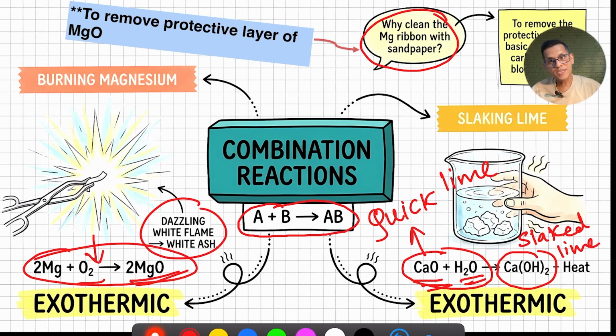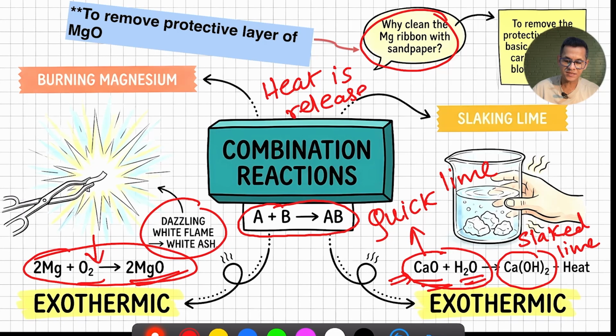So this is also a combination reaction wherein you can see that two reactants are combining to form a single product. In both these reactions, you will notice one more thing: heat is released.